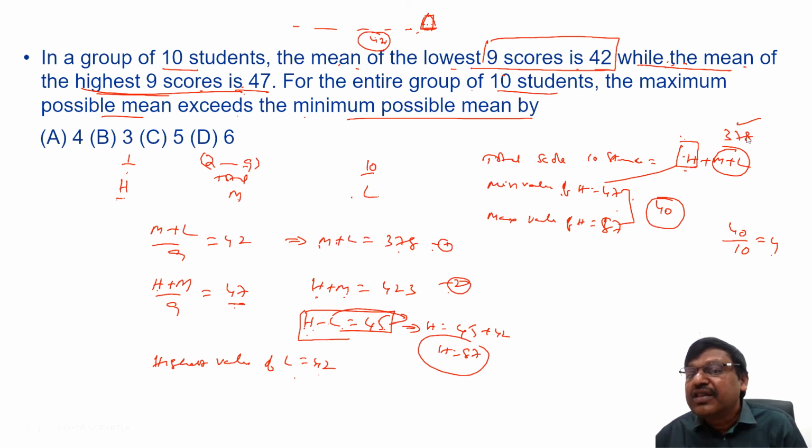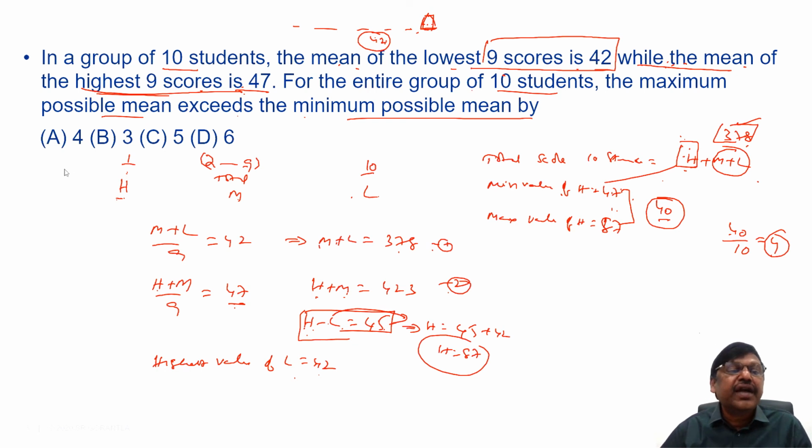You don't have to write 378 plus 47, 425 by 10, 42.5, 378 plus 87, 465 by 10, 46.5. The difference is 4. That is a tedious job. You can directly say that this is fixed and the difference between maximum and minimum is 40. 40 is the difference in the total. The difference in the average will be 40 by 10, 4. Hence, my answer is choice A.